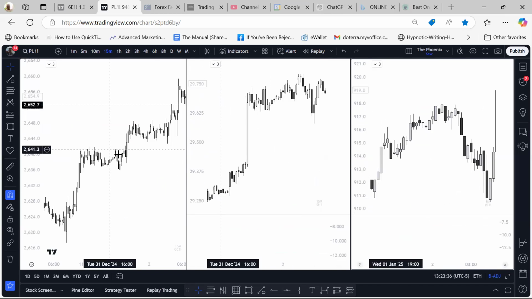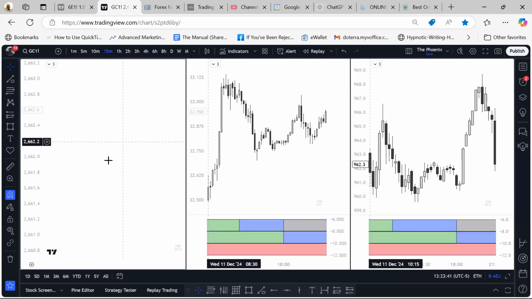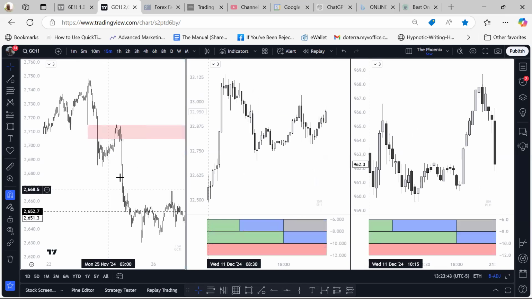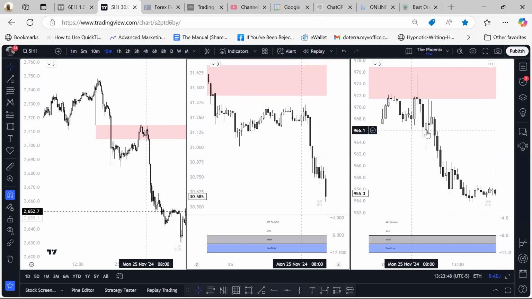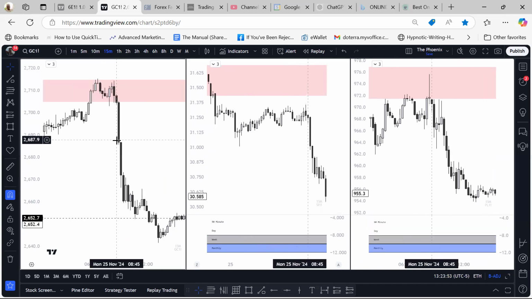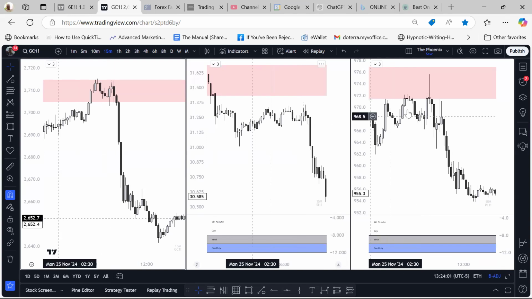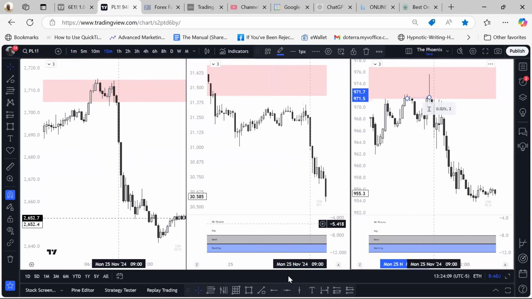Let's go to the 15-minute time frame and see what you're seeing. So remember, we're using the open and the close, the bodies of the candles that traded higher.